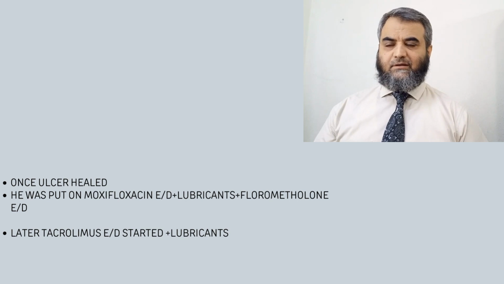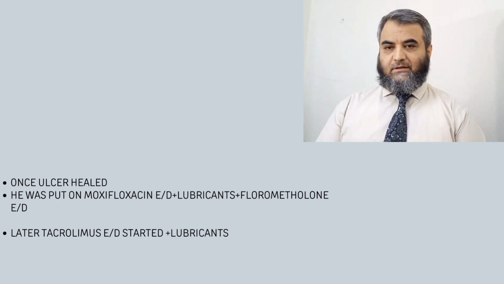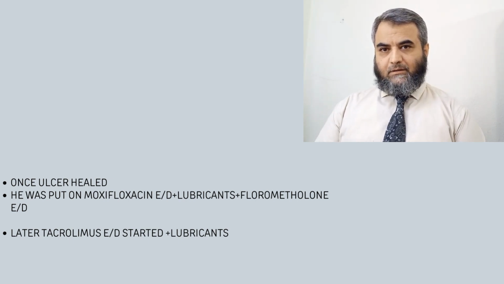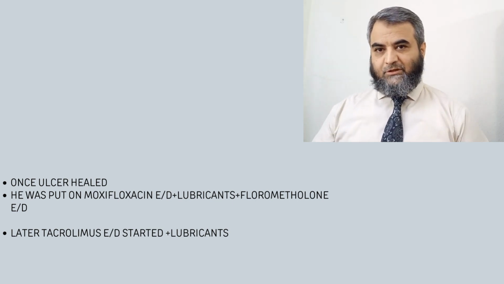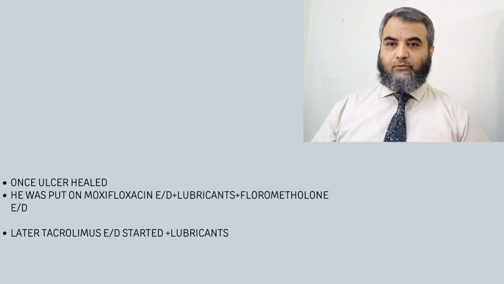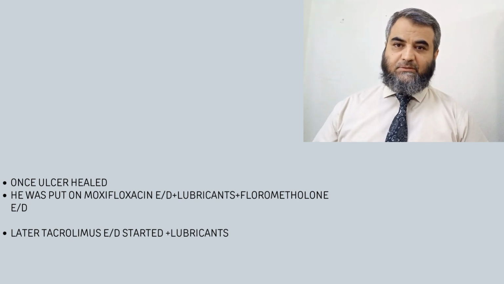As I mentioned earlier, once the infection settled, the corneal ulcer healed properly, and the course of antibiotics was done, we put this patient on fluorometholone eye drops to control the inflammation as much as possible.